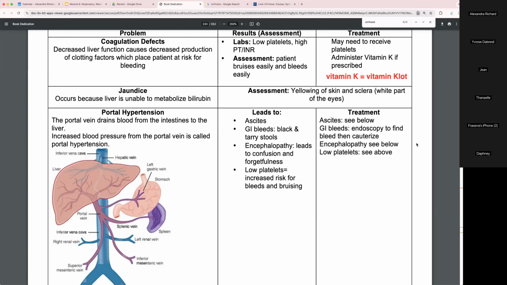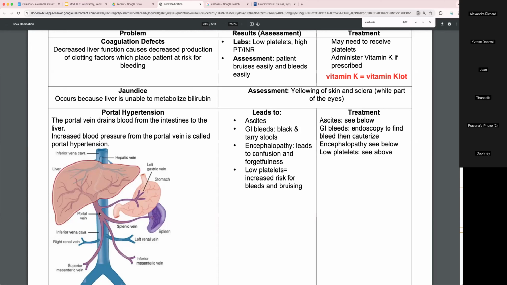Another major issue is portal hypertension. So make sure you know this well. The portal vein drains blood from the intestines to the liver. So someone with cirrhosis is going to have a congestion, a backup in this portal vein.